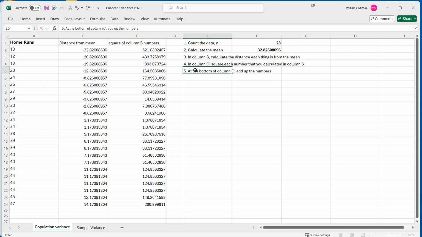I will put it in bold, okay? Now, you don't have to do it at the bottom of C, but we're gonna, okay?